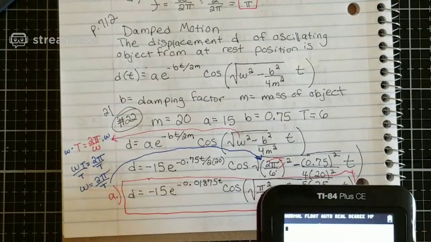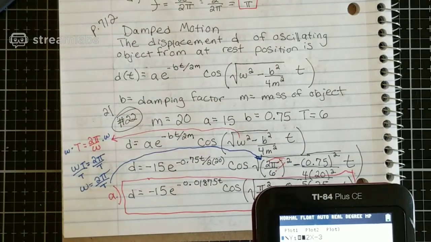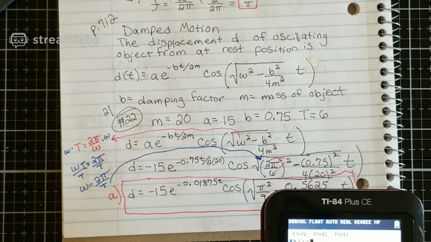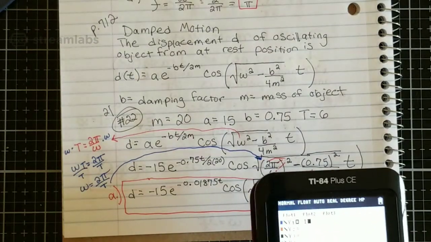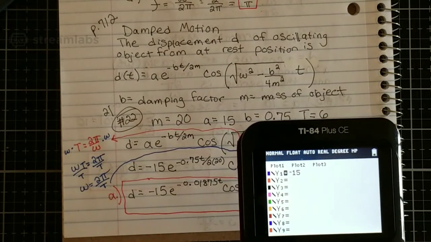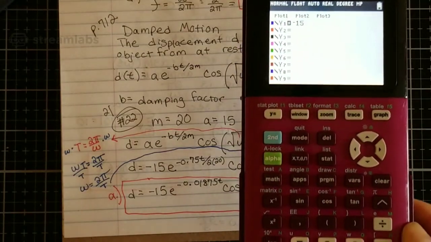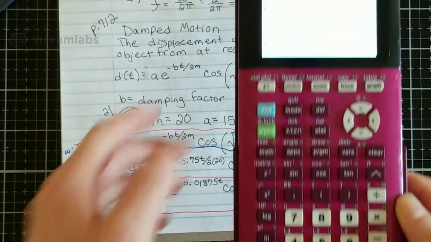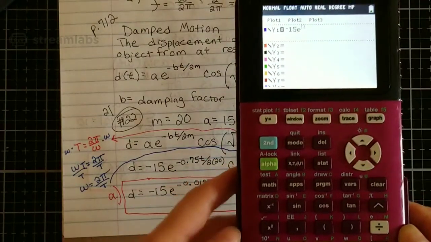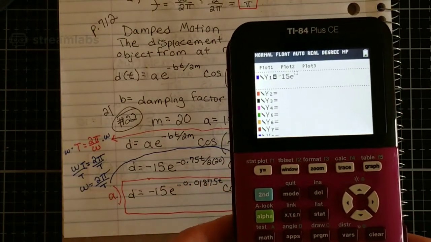So here we go. So we're going to go to y equals, clear all that stuff out. -15. Alright, here's your E button down. Mine's way down here in the blue. So I'm going to go second, and then that will give it to me.